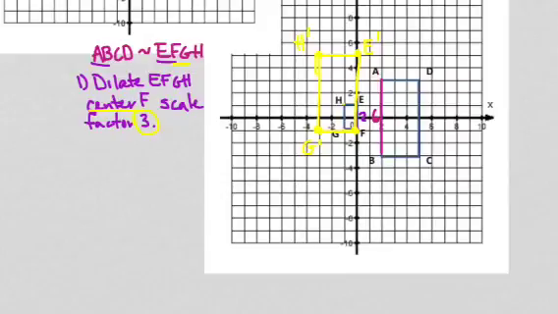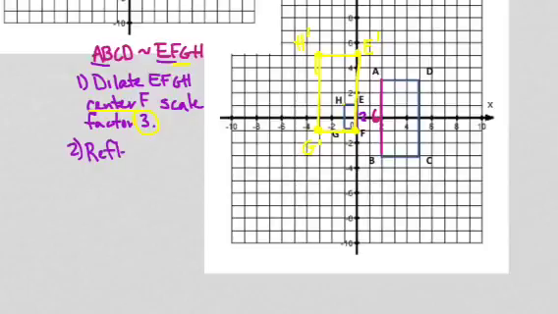The orientation of EFGH is clockwise. So that means that we had to have a reflection. So now I'm going to work on reflecting. So step 2 is going to be a reflection.